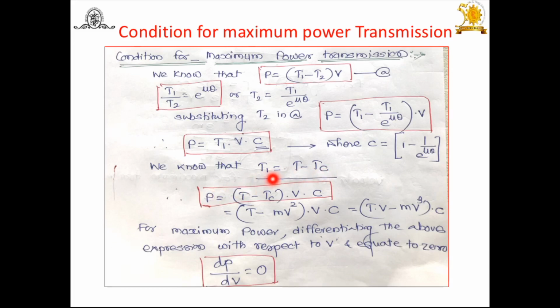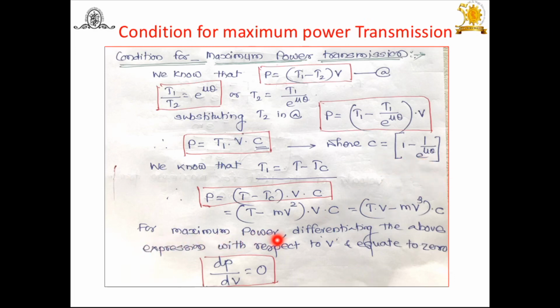Substituting the value of T1 in this equation, we get P equal to (T minus Tc) into V into C. But Tc is equal to m v square. Therefore, P is equal to (T minus m v square) into V into C. Multiplying V into these terms, P equals T v minus m v cube, into C. C means this term, 1 minus 1 upon e raised to mu theta.